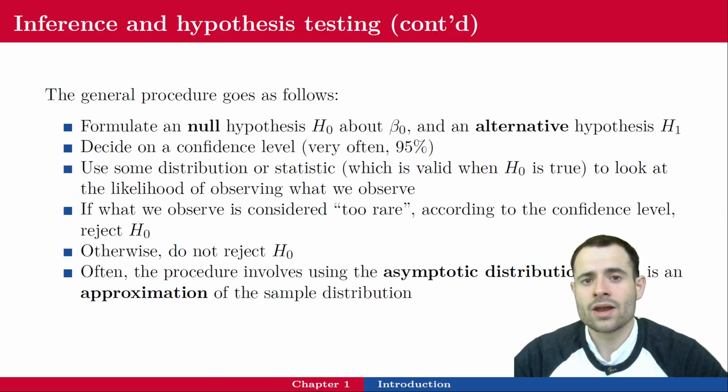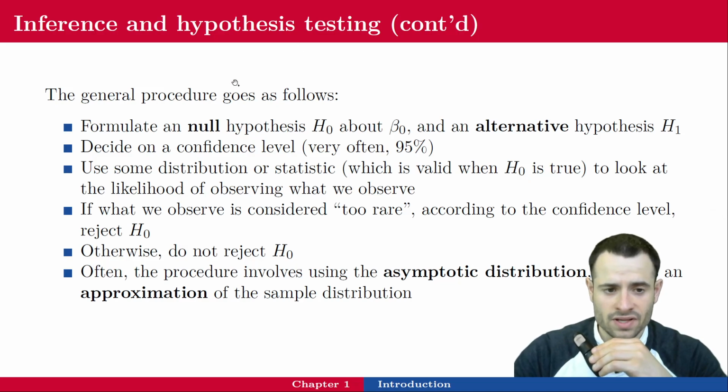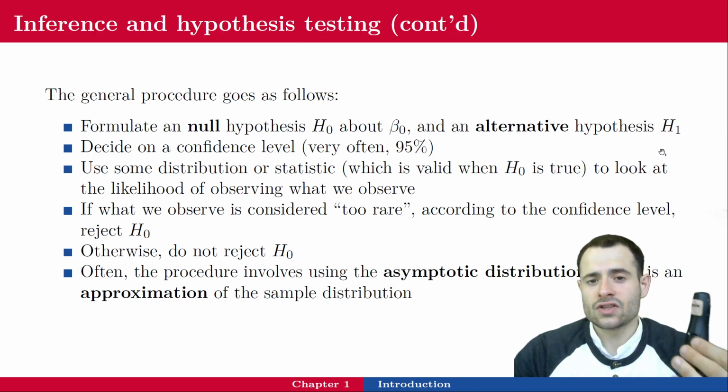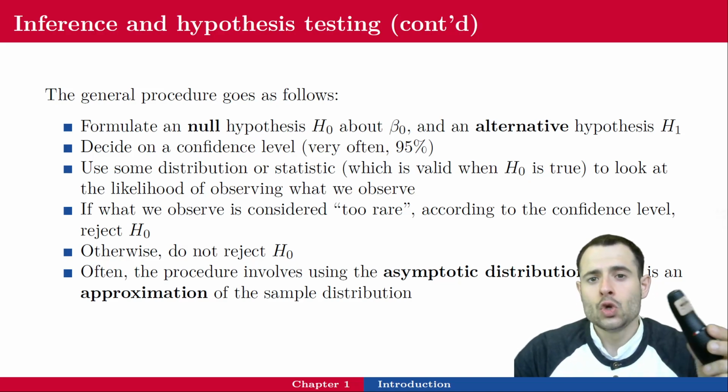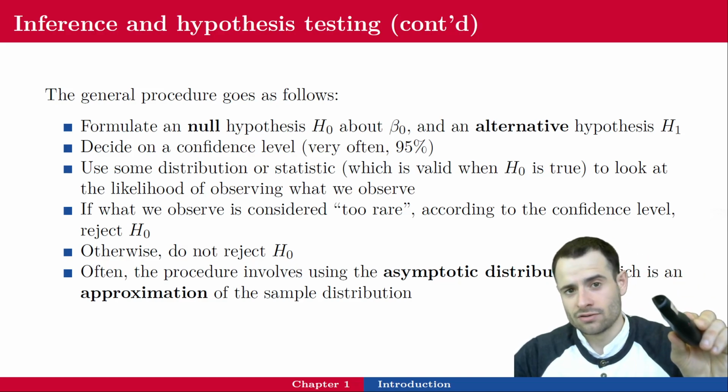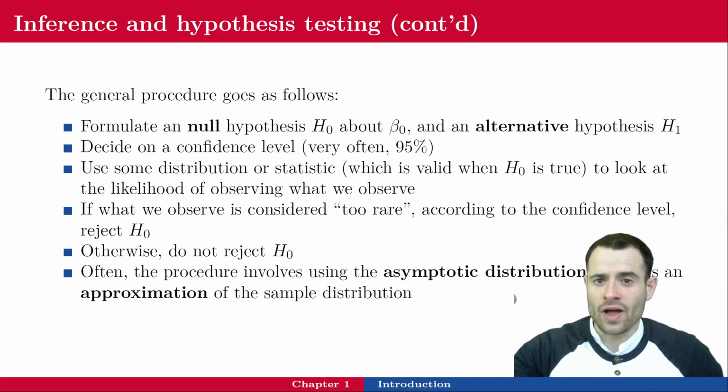So remember that when you conduct inference and make hypothesis tests, not only is there a margin for error just by the definition of a hypothesis test, but also, to answer this question, reject or not reject, you use an approximation. So there is another margin for error coming from the approximation.